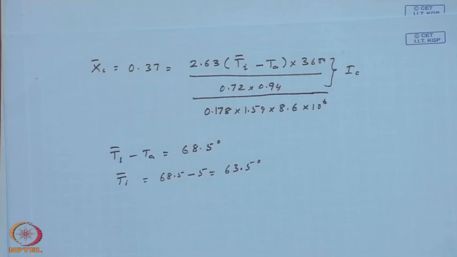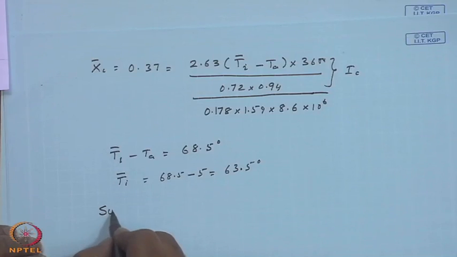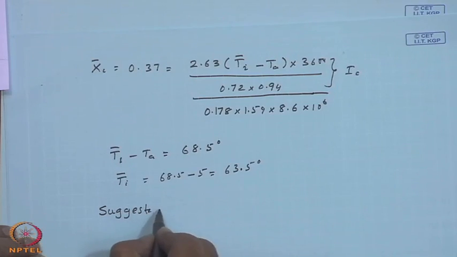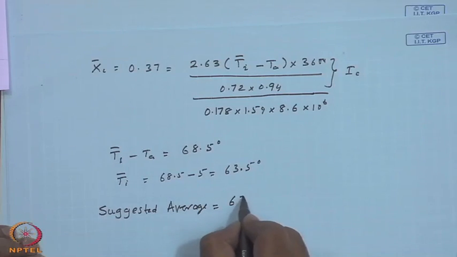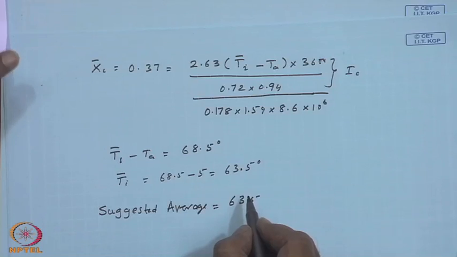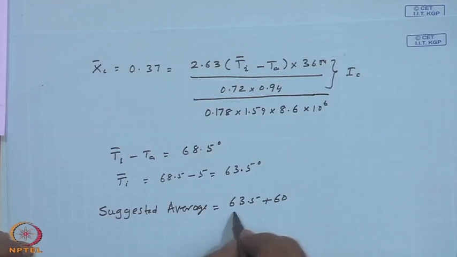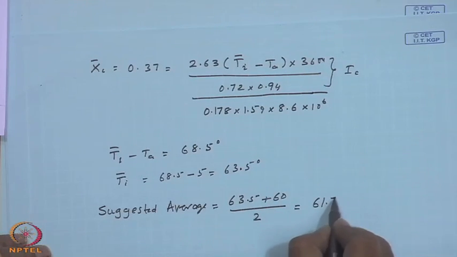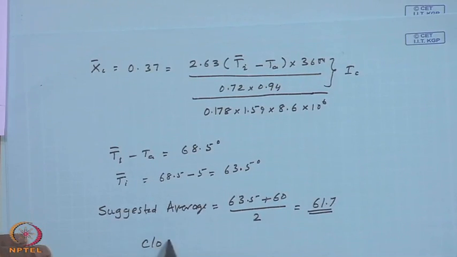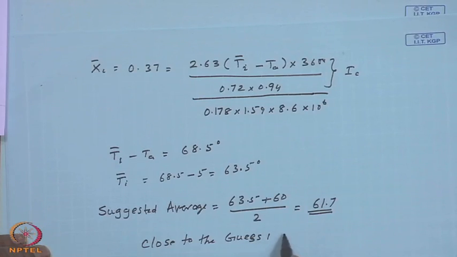So, suggested average 63.5 plus 60, this is the minimum, this is a possible value, comes to 61.7, close to the guess, equal to 62.